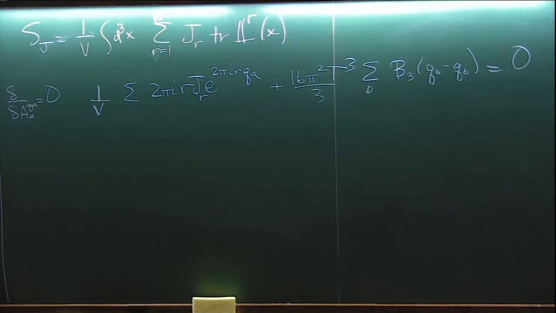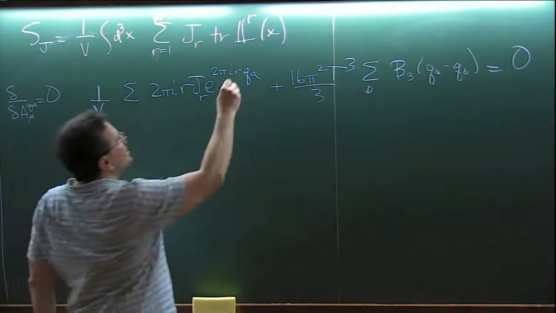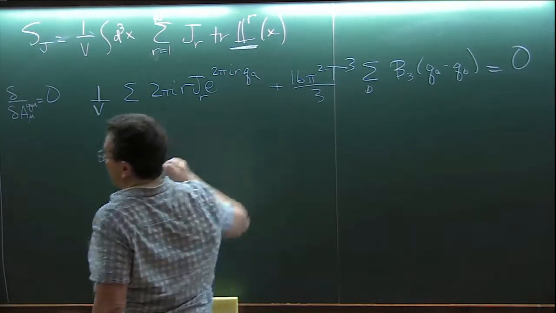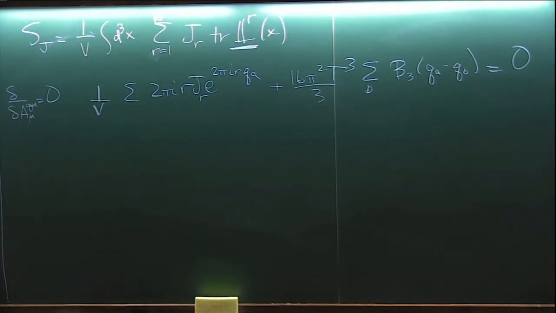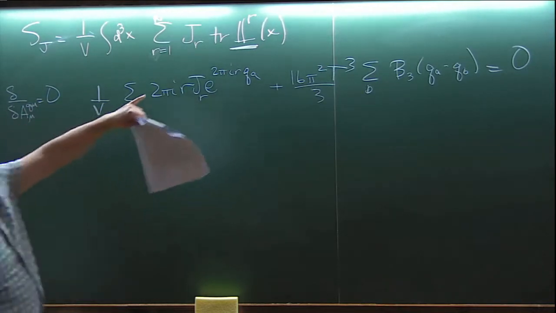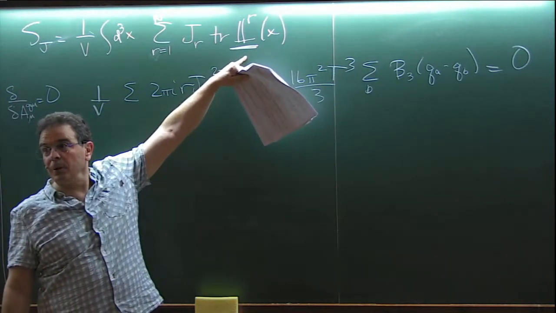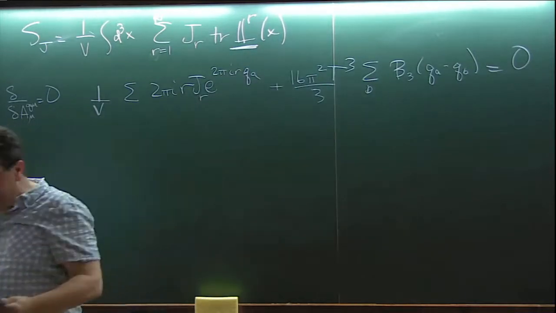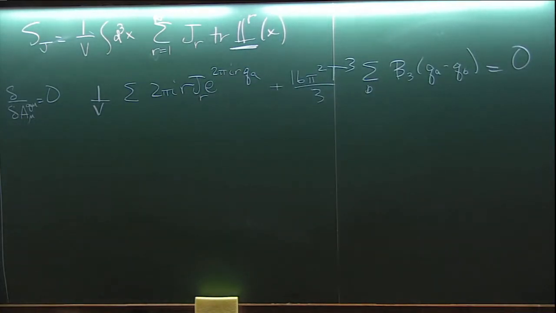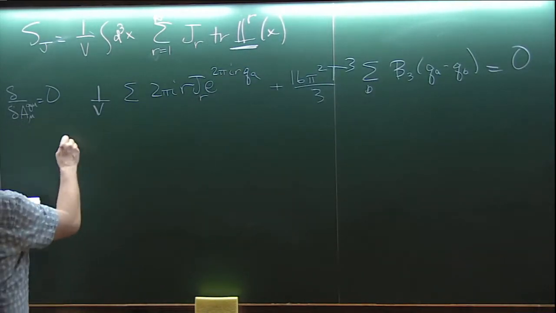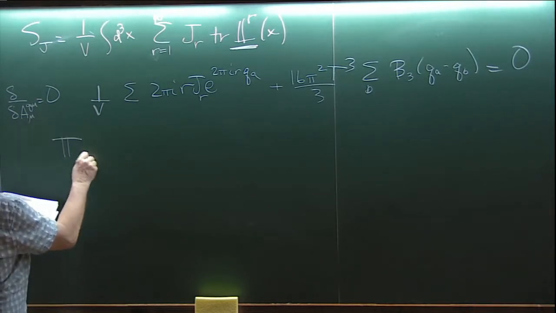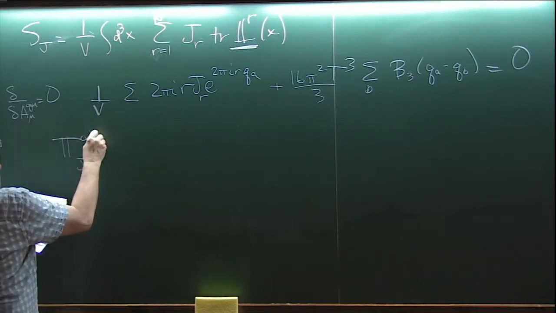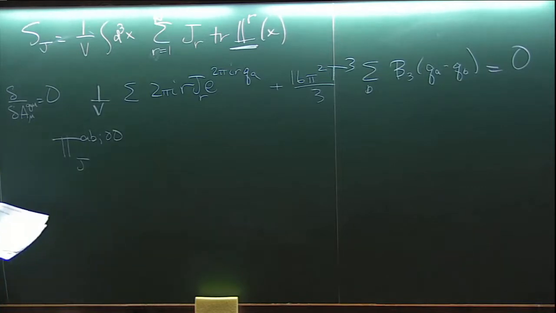But the one thing here is that we've taken this L, the full L, and we've expanded to linear order in A quantum. But this L is an infinite series in A quantum, so there are terms quadratic in A quantum. And in fact, what you can show is there's a contribution to the naught component.